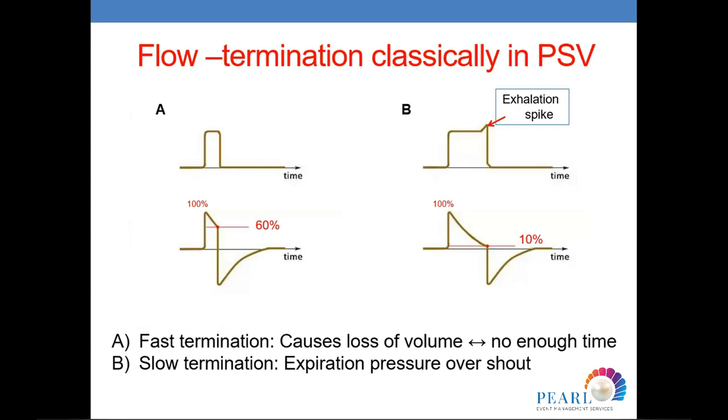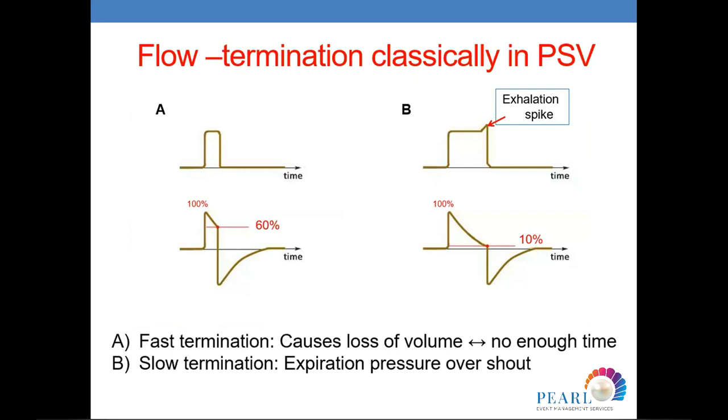We discussed the flow termination in the PSV. We said if it is terminated very early, again you lose volume. And if it is very delayed, at 10%, what will happen?